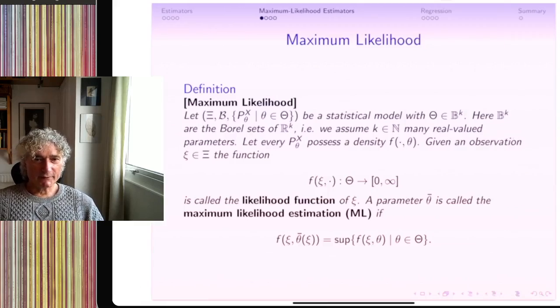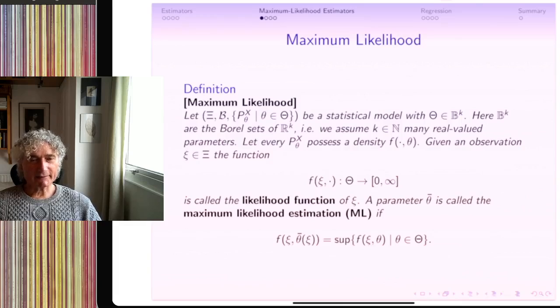Now we introduce the so-called maximum likelihood. That is one of the most important ideas in estimation, so we have to discuss it. Again we look at the space Xi, B, and the family of induced probability measures P_X,theta with theta in Theta.